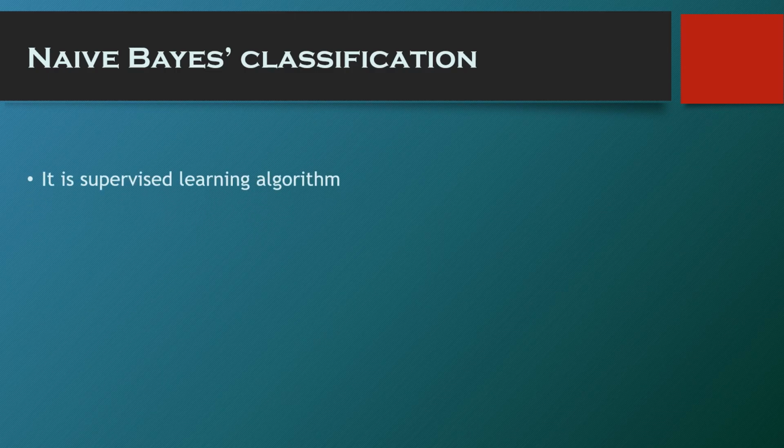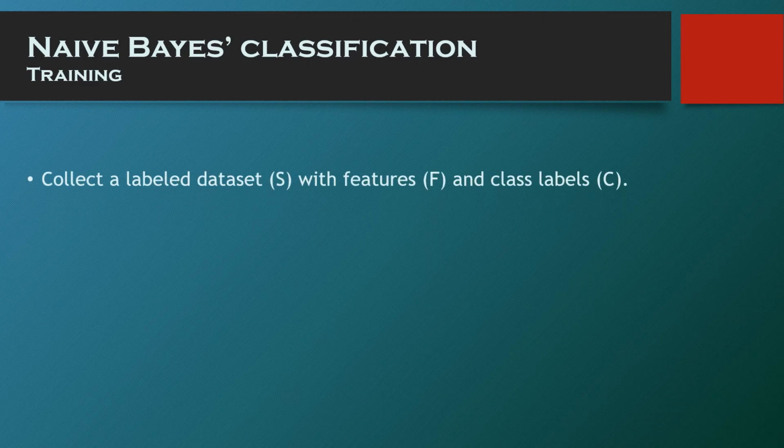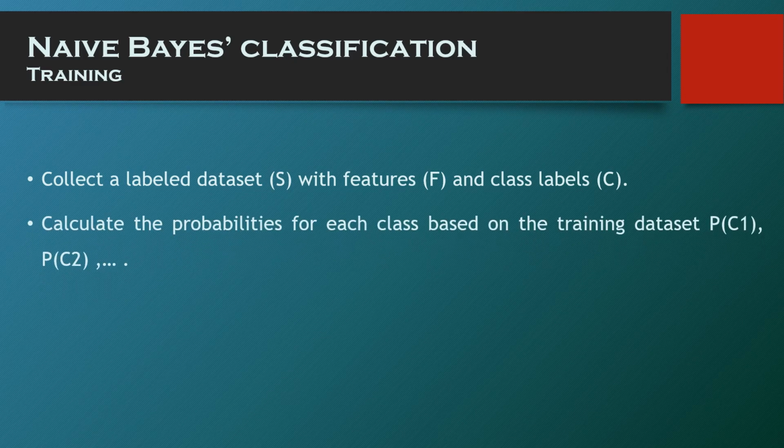Naive Bayes classification is a supervised machine learning method. Naive Bayes classification has two phases. They are the training phase and the classification phase. Let us see the training phase of the naive Bayes classification. We use the training data to compute the necessary probabilities for the chosen naive Bayes model. Initially, the naive Bayes model is presented with a labeled dataset S with features F and the class label C. Next, the probabilities for each class based on the training dataset, P of C1, P of C2, etc. are calculated.